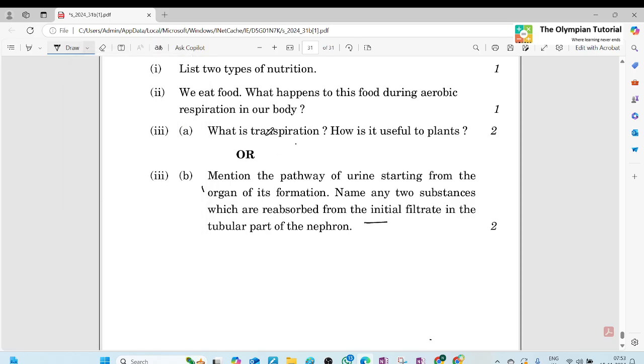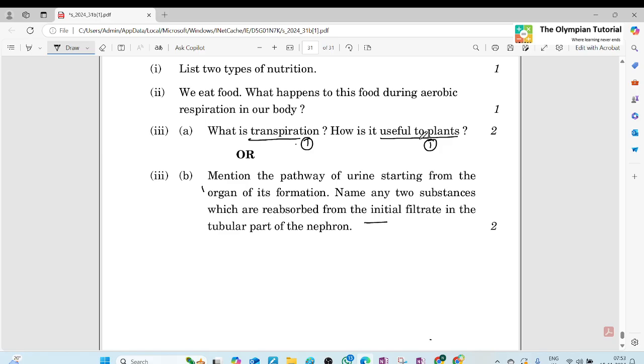Transpiration is related to water or is it gaseous exchange? It is related to water. And which water? The water stored in plants in the leaf.